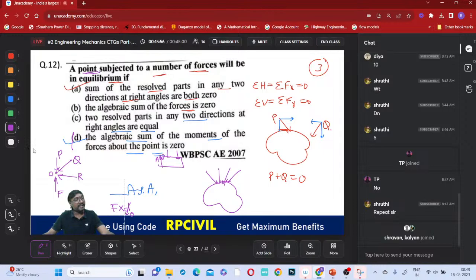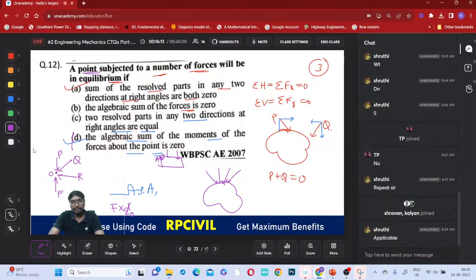So the moment created by force P, force Q or any force will be 0 only. There is no question of moment. Now tell me, will the moment equilibrium condition sigma M equal to 0 be applicable here or not, all of you?